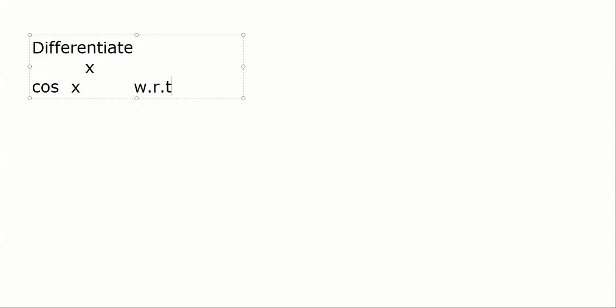Suppose I say differentiate cos of x to the power x. Now what do you want to do? Because we know x to the power n, we know function of function, we know a to the power x, but this is x with respect to x. Okay, differentiate this with respect to x.